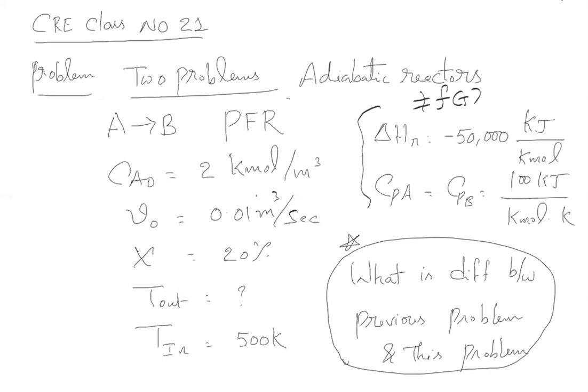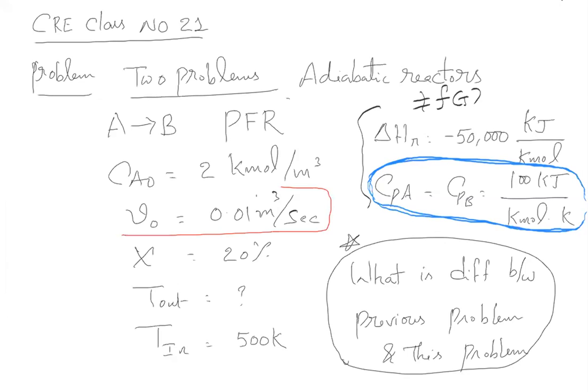PFR or CSTR doesn't matter because the energy balance will be the same. Yes, the units of specific heat, Cp, are different, and Cp of A and Cp of B are given differently. Now, this information is not required. It has no meaning. Without this also you can solve the problem, because for an adiabatic reactor basis doesn't matter. Try to solve it.